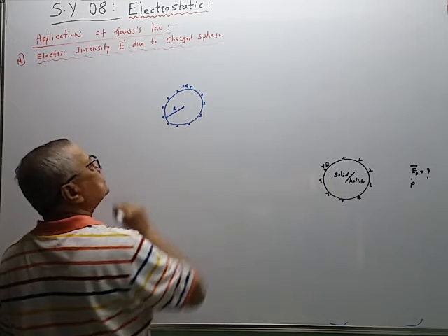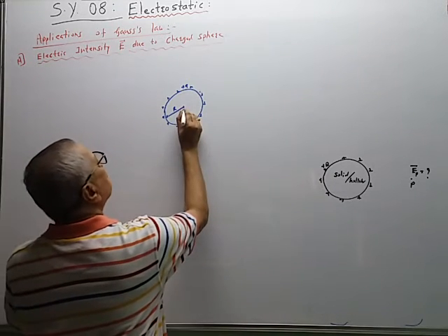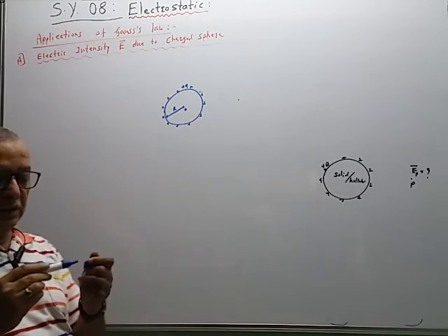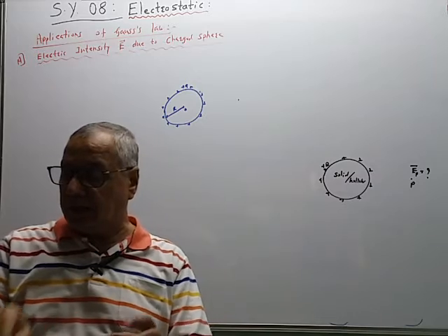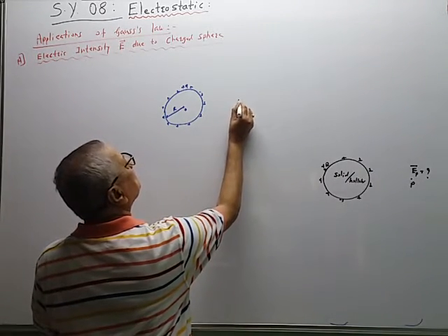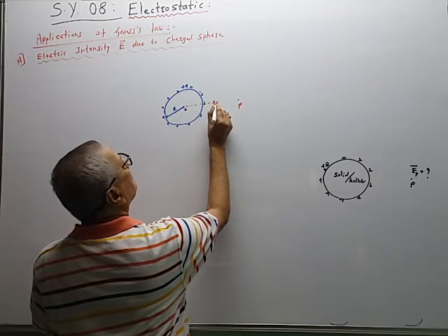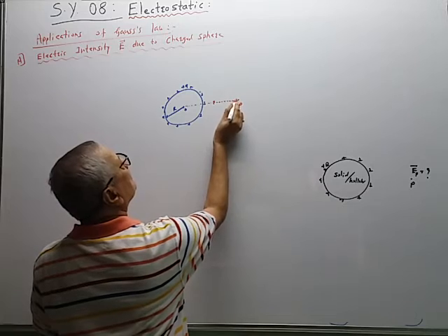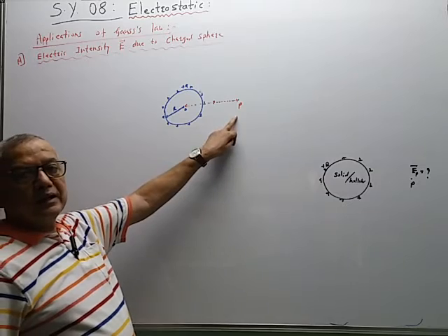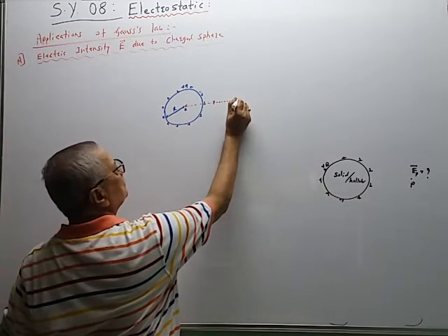This is the uniform distribution of charge. Now, this is the center O. Consider the point P here, and we have to find the electric intensity at point P at distance r from the center O. So, to find the electric intensity using Gauss theorem, we have to consider the Gaussian surface passing through the point P.